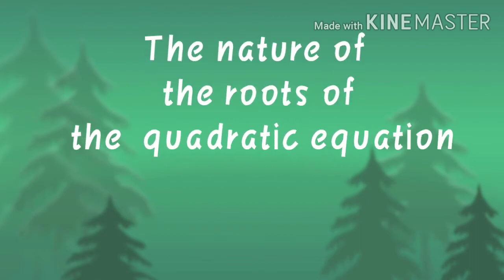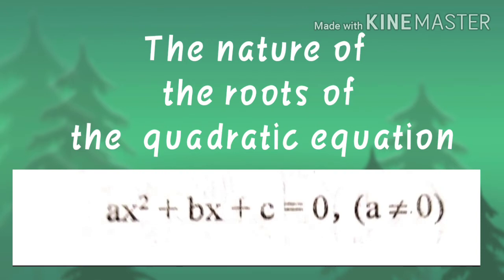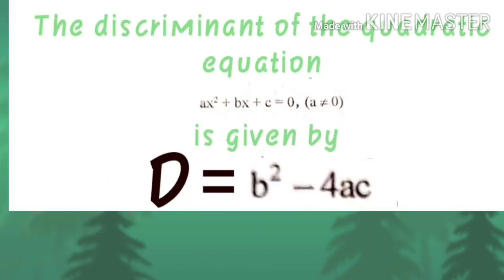Now let's learn about the nature of the roots of the quadratic equation ax² + bx + c = 0. As we discussed, the discriminant is given by D = b² − 4ac.